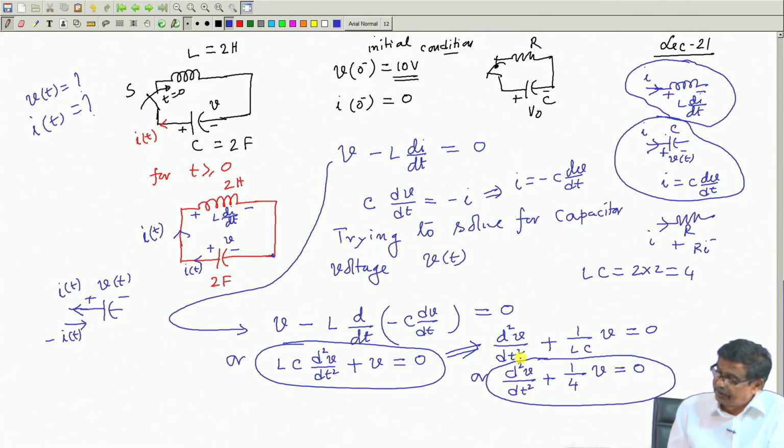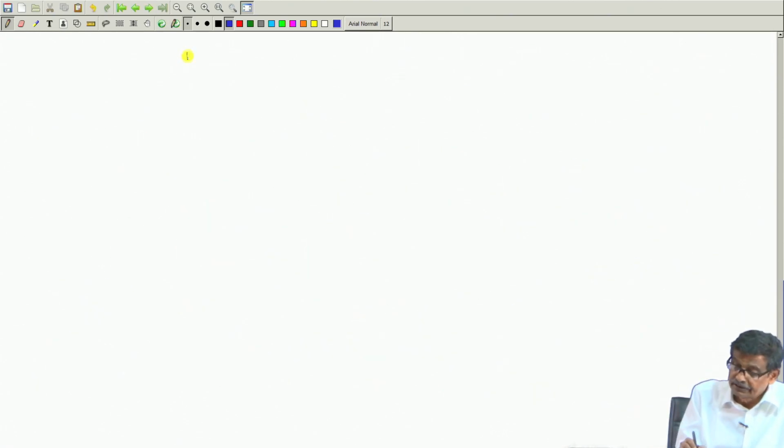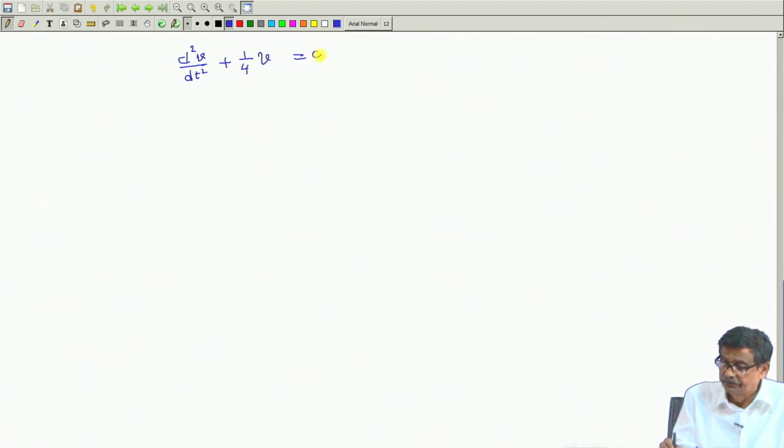This is the differential equation: d2v/dt2 plus 1/4 v is equal to 0.